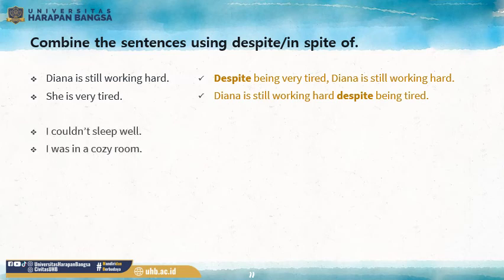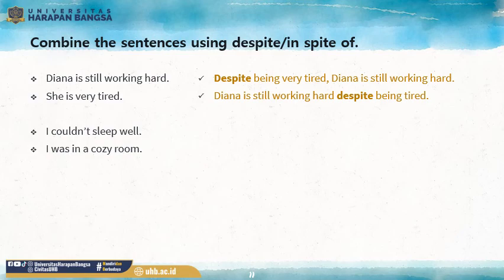See another example. I couldn't sleep well. I was in a cozy room. Jadi saya tidak bisa tidur dengan nyenyak. Meskipun saya berada di ruangan yang nyaman. Nah, kita lihat. I was in a cozy room. Itu berupa kalimat ya. Ada subjek I dan verb was.